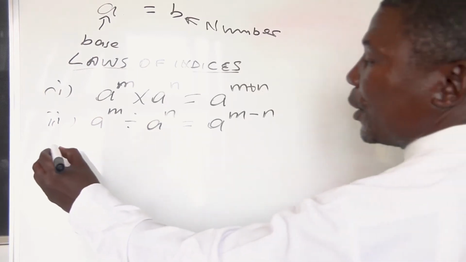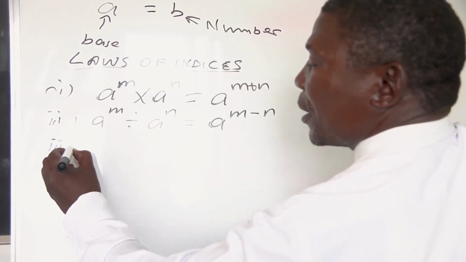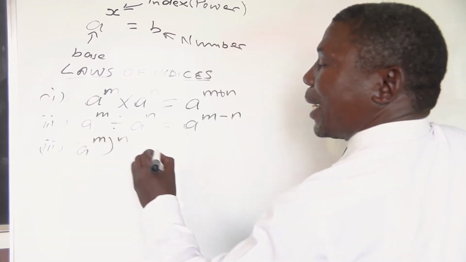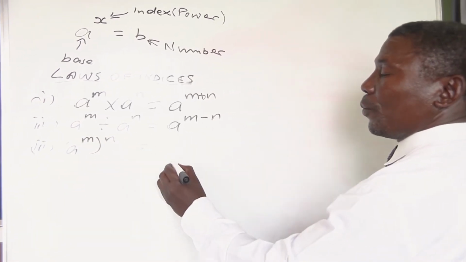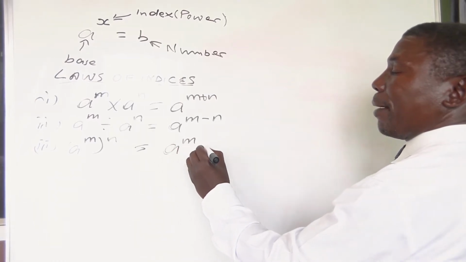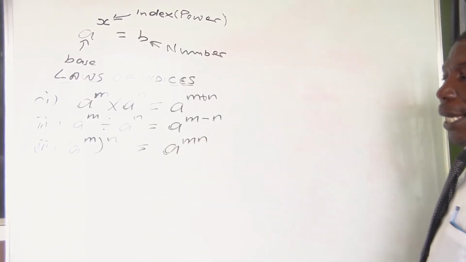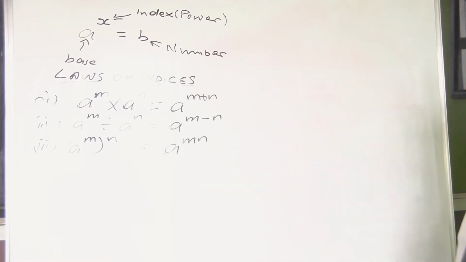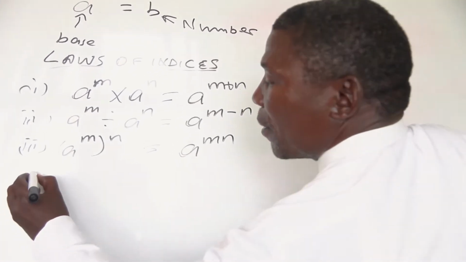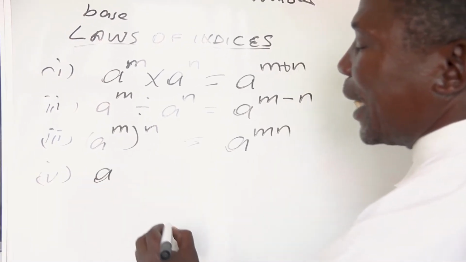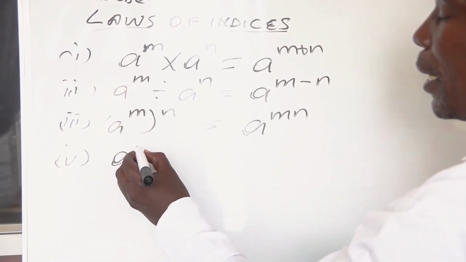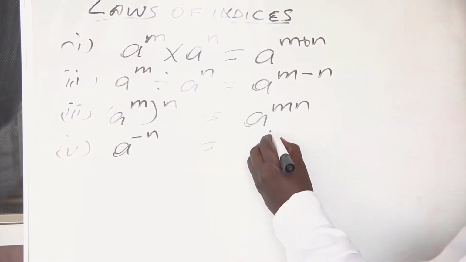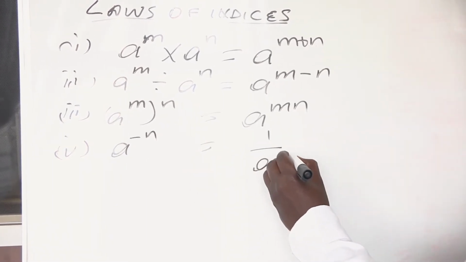The third law is a power m raised to the power n. This will equal a power m times n. You take this power and multiply it by this and you get a power mn. Fourth, when I say a power negative n, this gives us 1 over a power n.